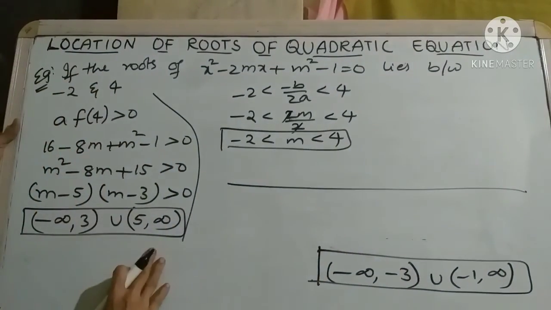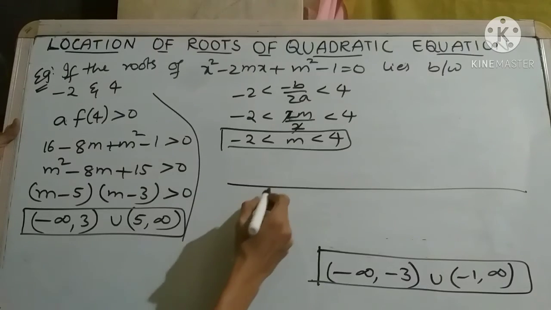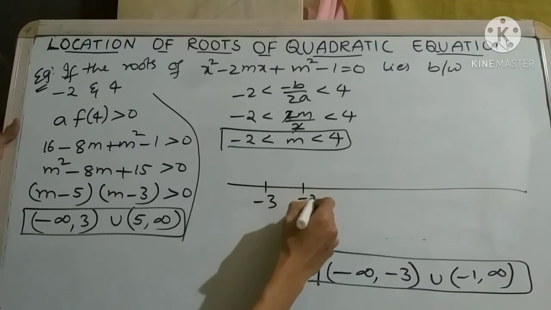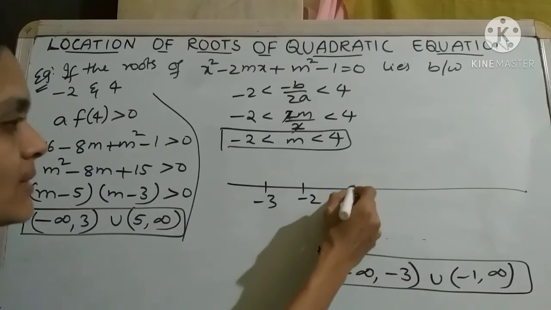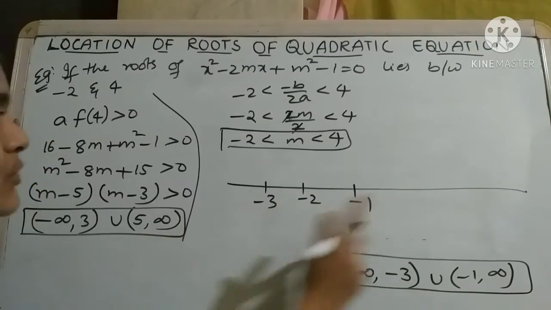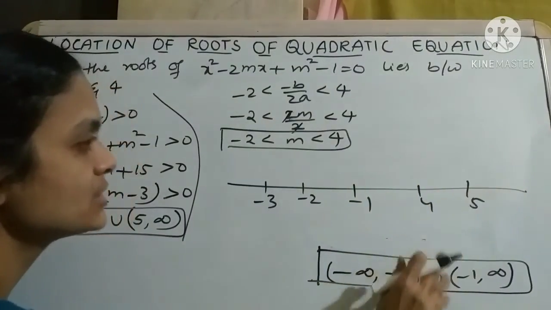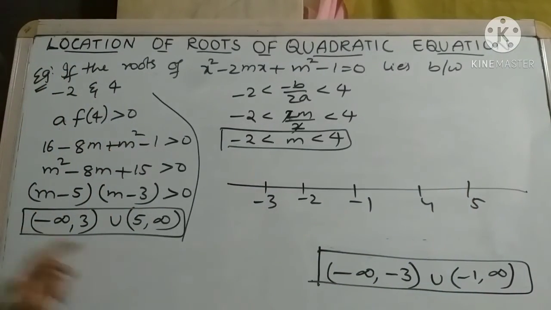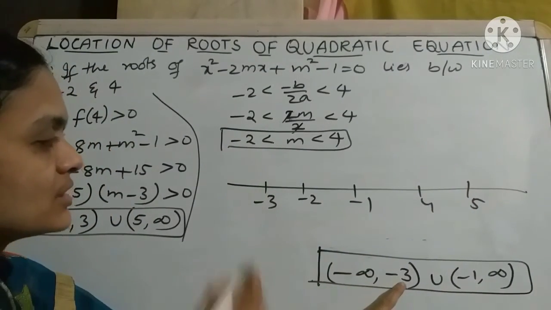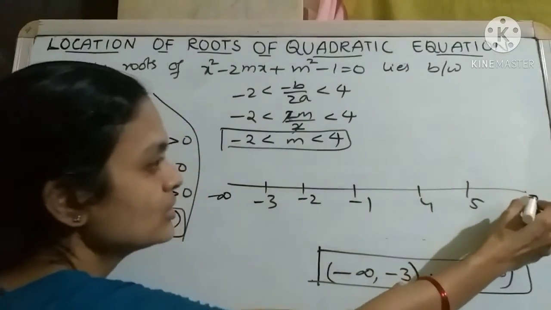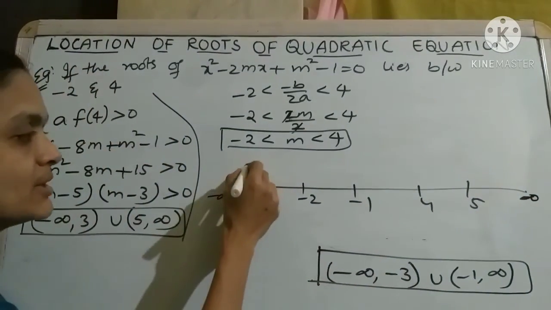So from these three you take one result. How many real numbers are there here? Minus 3, then minus 2, and after minus 1, then 4, 5. These are the real numbers in total. Minus infinity comma minus 3 means this side.